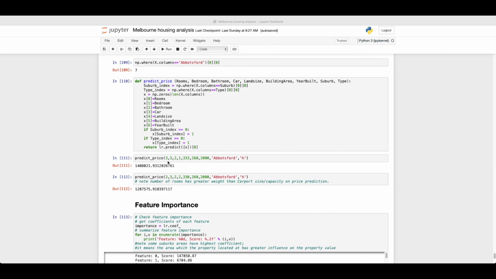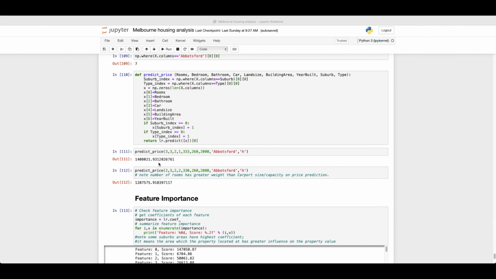Assume there's a property with 3 rooms, 3 bedrooms, 2 bathrooms, 1 car space, 333 land size, 260 building area, and the year built is 2000, and it's in this suburb. It's a house. The property type is house, and we got the price like this.